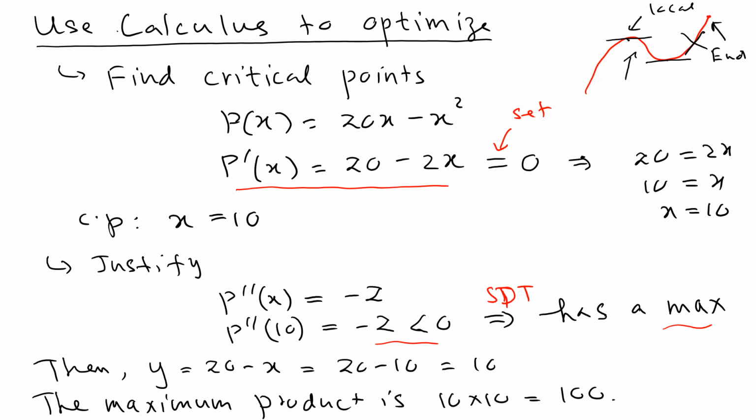So 100 is the maximum possible product, which happens when x equals 10 and y equals 10. Good. That's how we do the problem. It's not that difficult. Okay, let's try to answer the next part.